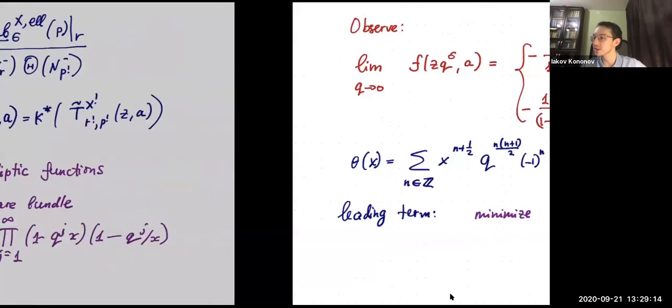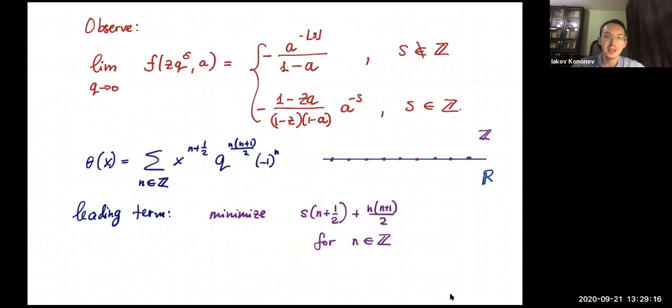So if we substitute z times q to some power s instead of z, and then take the limit when q goes to 0 and keep a fixed, then the situation is different for integer s and non-integer s. If s is not an integer, the answer is a function of only a. And if s is an integer, we get a ratio of 1 minus za over 1 minus z.